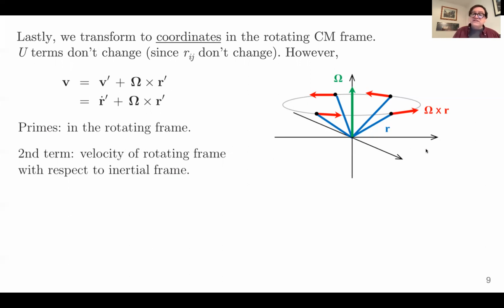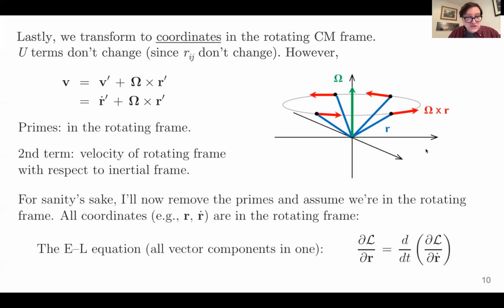And hopefully you can see from the cartoon why omega cross r gives you a vector that is always pointing in the direction of motion of that rotating frame. Those red vectors are tracing out a circular path. And the units are velocity, of course. Right, so that tells you how to make that transformation.